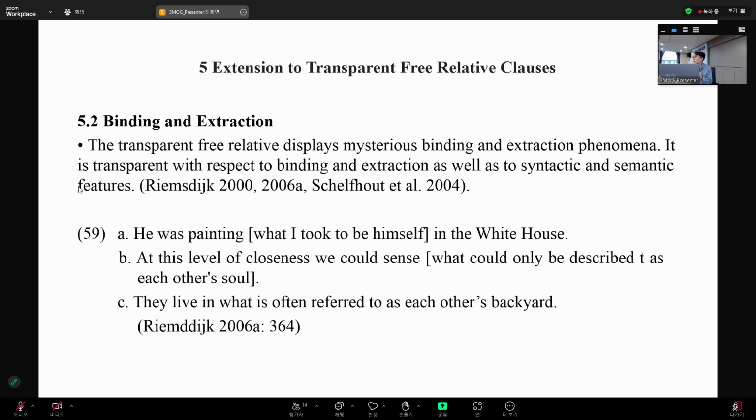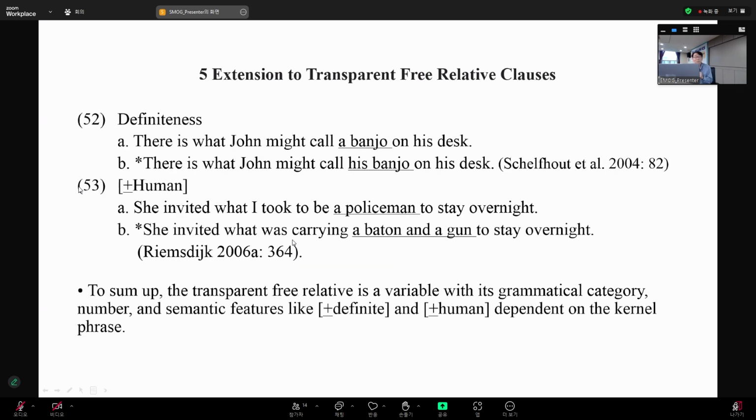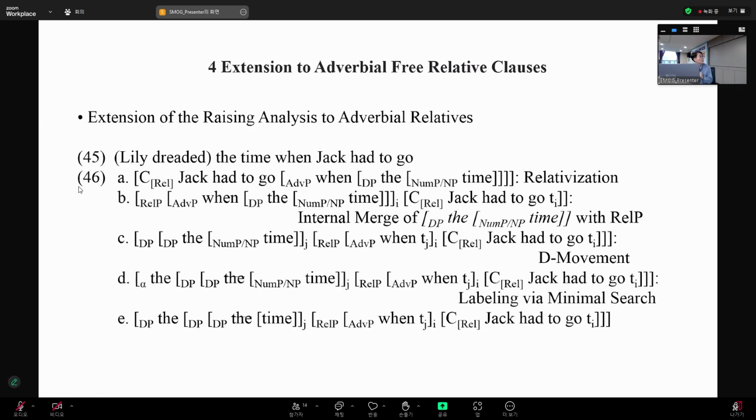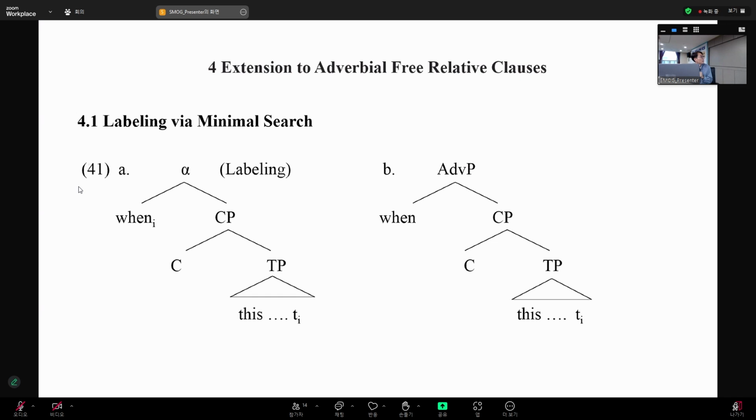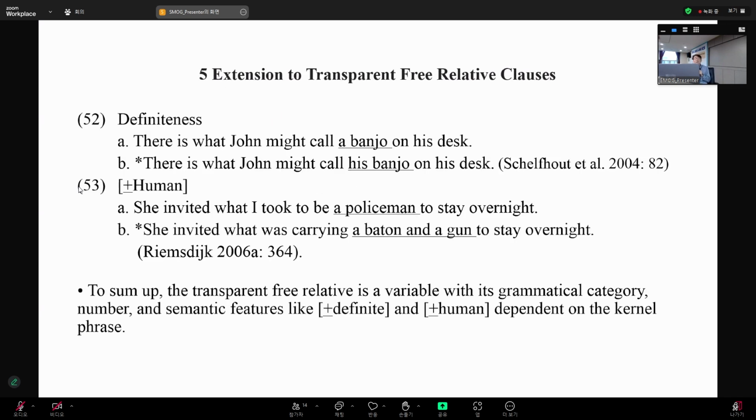At one point, there are certain examples like what was something like that. I'm not sure. I remember example 53, like that. Yeah, right there. Like what was carrying. I understand your point.